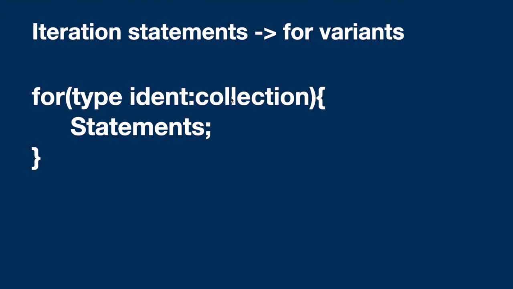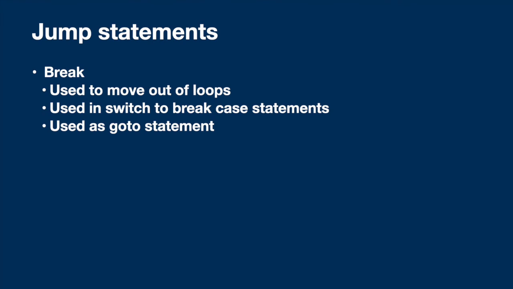For example, if you have an array of integers, this type should be integer with an identifier. So in between the curly braces we execute statements according to the way we want it to work on each item of the collection.